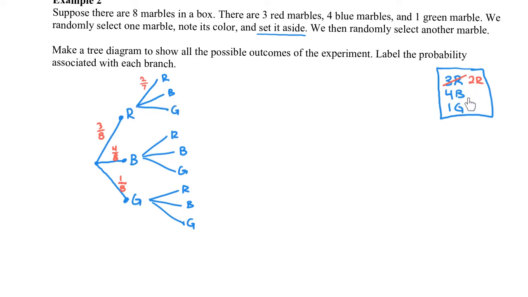Well, then I'm over here, so blue is going to be 4 out of 7. There's 7 marbles left. Remember, we're not putting the marble back. So right here is 4 out of 7. And then, of course, the green marble. Again, I've chosen red already, so in this situation it's going to be 1 green out of 7, so it's 1 out of 7.